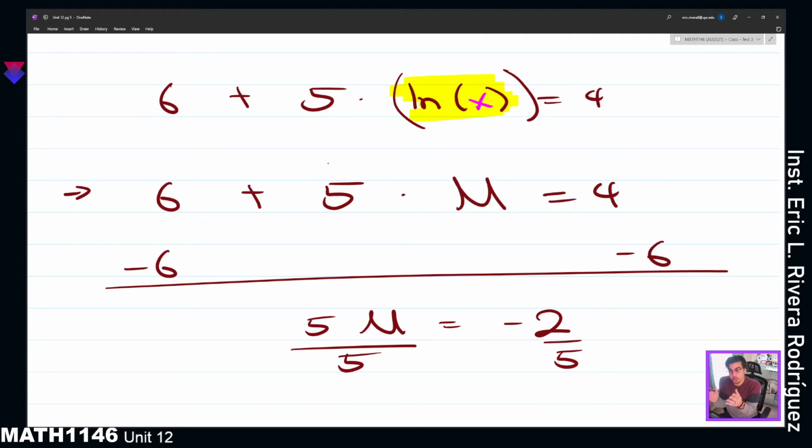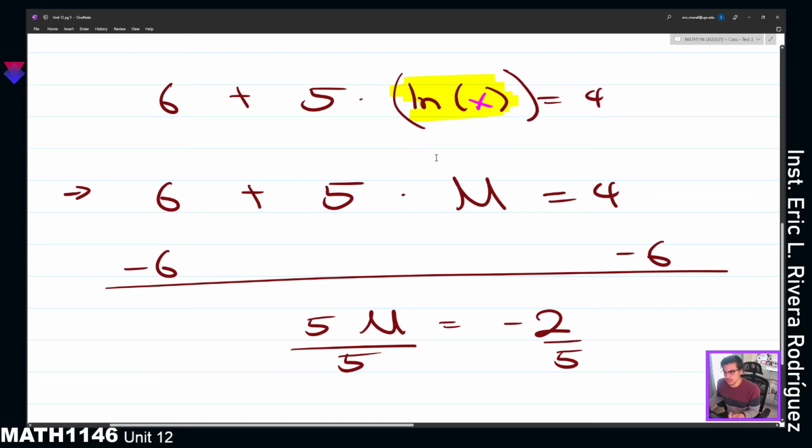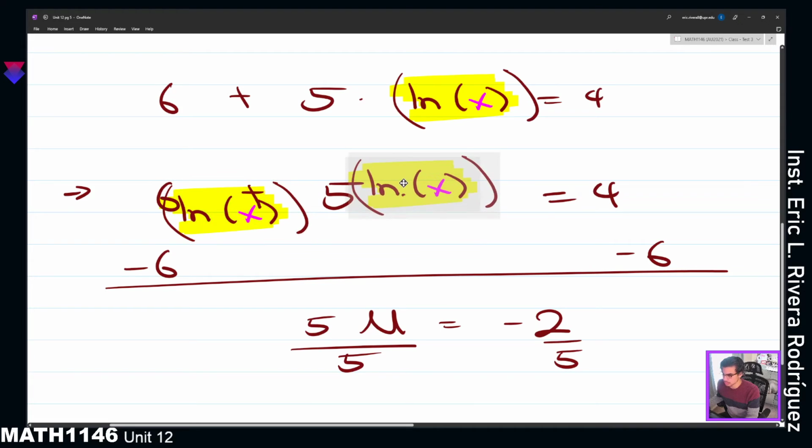We don't know the exact number, but we have the calculator for that. But we are not interested in the exact number. We are interested in what we can do here. So what I'm going to do is substitute m with the logarithmic function.